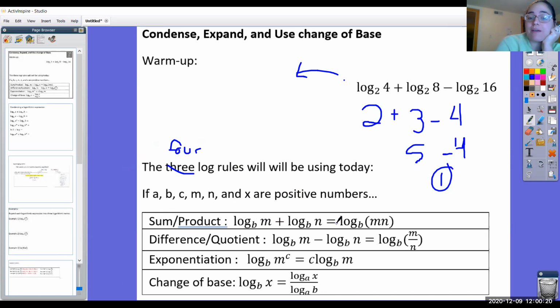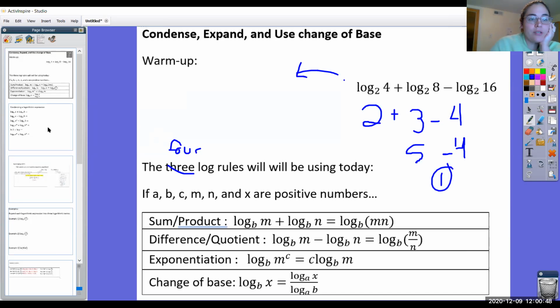So log base b of m minus log base b of n would be log base b of m divided by n. And then exponentiation, log base b of m to the c equals c times log base b of m. And then change of base, which is log base b of x equals log base a of x divided by log base a of b. So those are the rules that we're going to be exploring today.